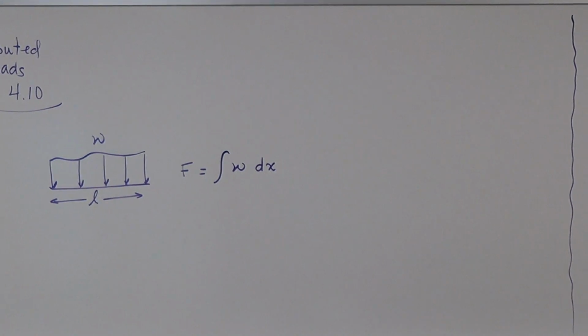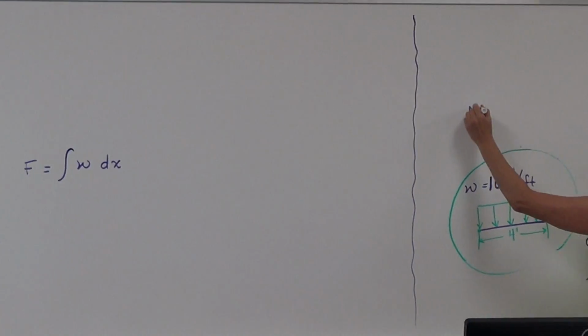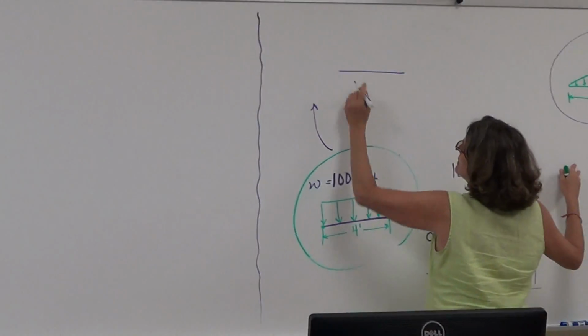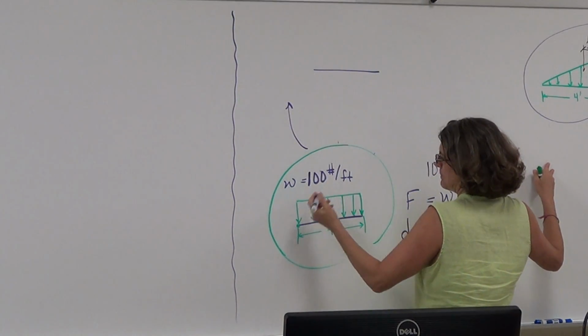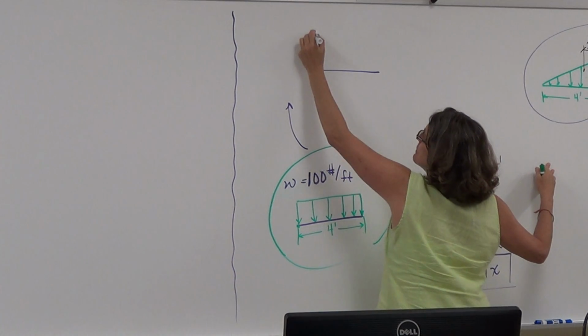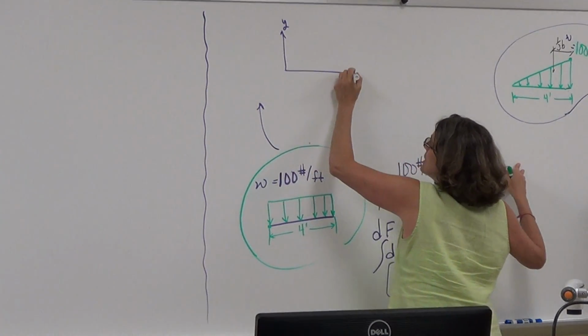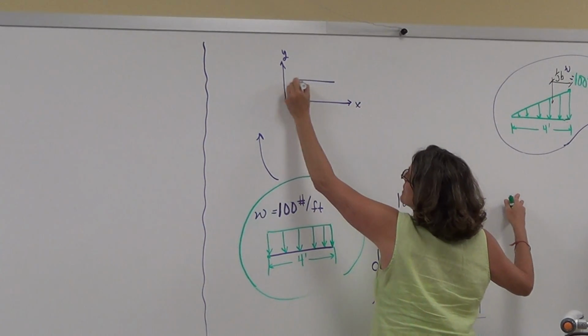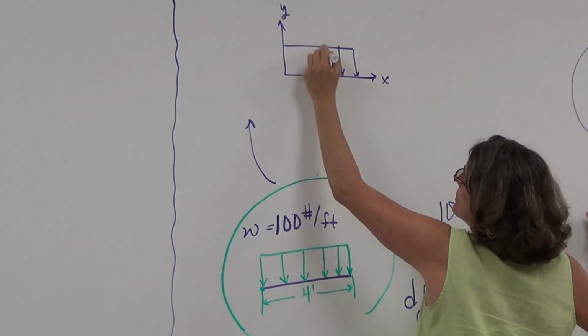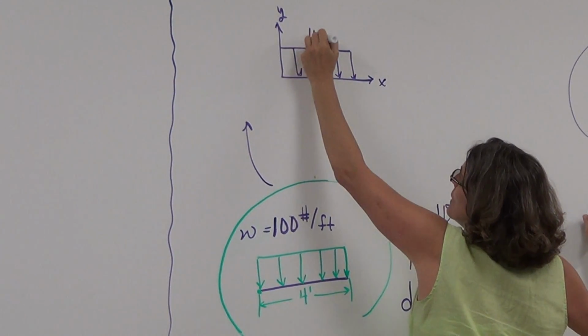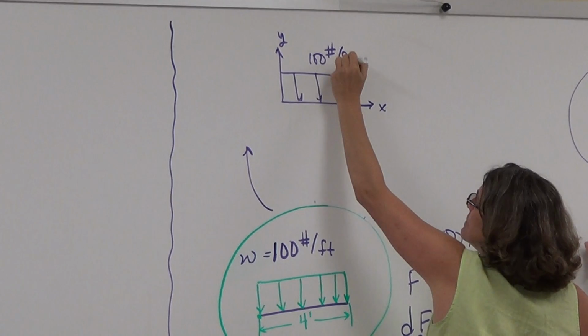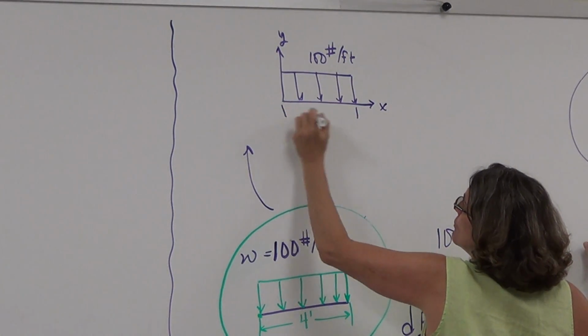Let's just do this. I have my pictures here already, but let's put my y-axis and my x-axis, and here is my distributed load. It's 100 pounds per foot, spread over 4 feet.